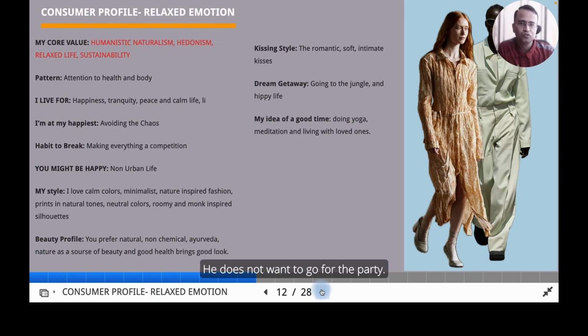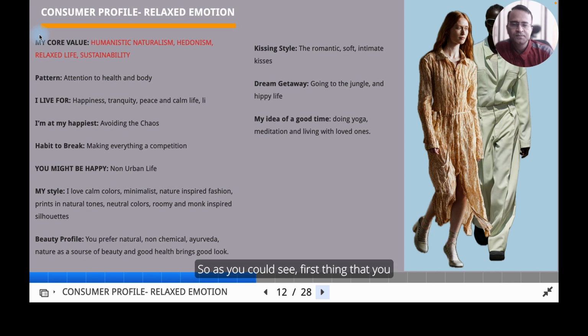He does not want to go to parties, pubs or anywhere else. He is all about living in a very calm place. So you should start by looking at how they build their value system, and what their value system is.